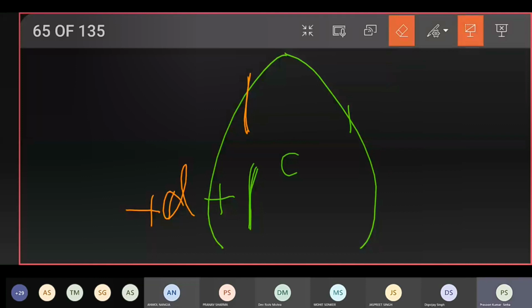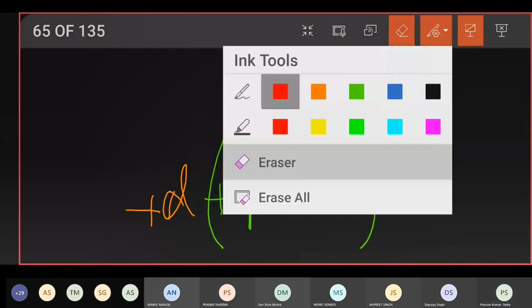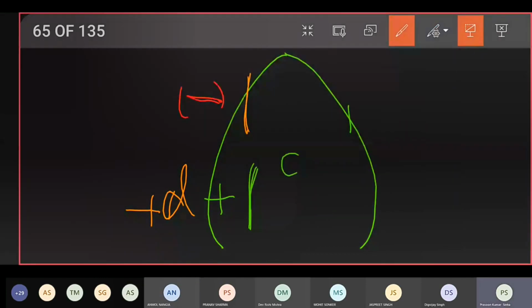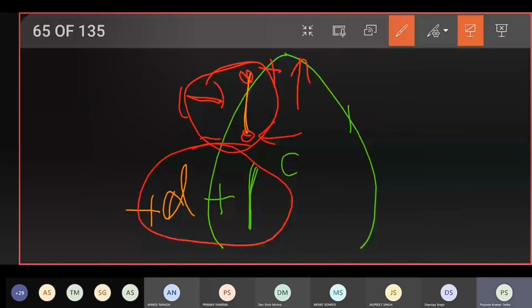This one is negative. Why? Because this end is port, so negative. This end is forward of the compass, so positive. So this rod is negative D. The same here, you have a positive D.